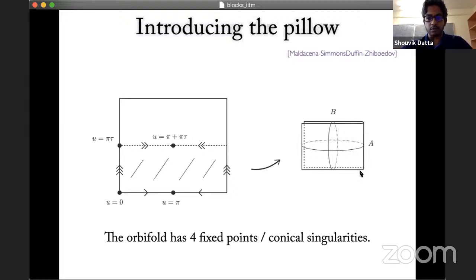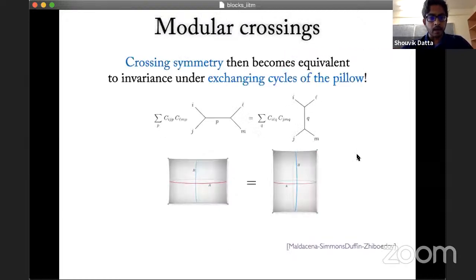So this gives you the pillow geometry. And then crossing symmetry, which is z going to 1-z, which is going from the s channel to the t channel expansion, becomes equivalent to changing the cycles of the pillow. Okay, so you exchange the cycles over here.